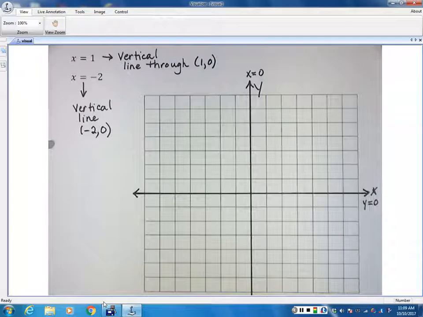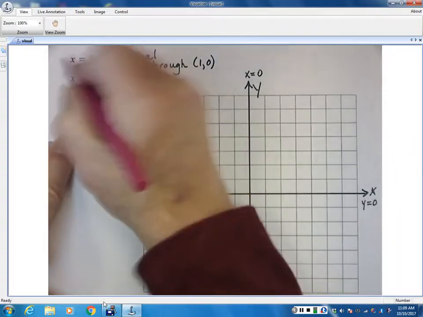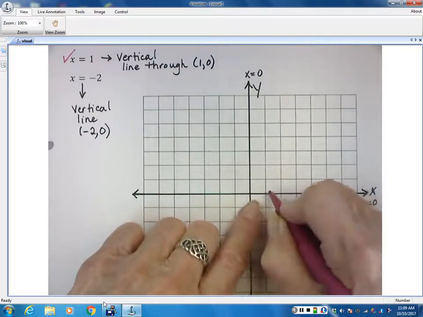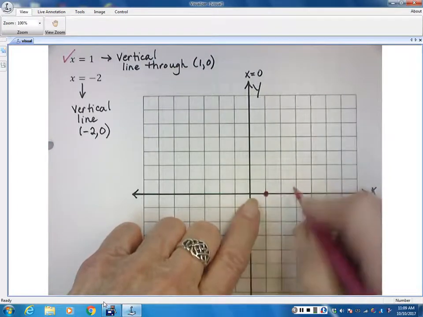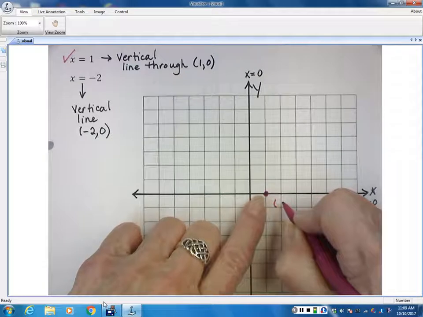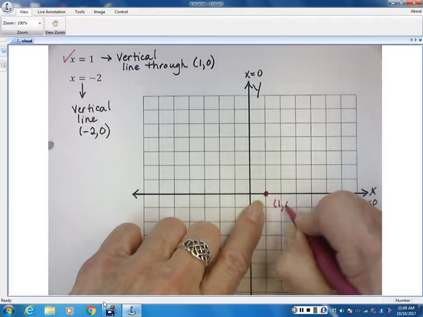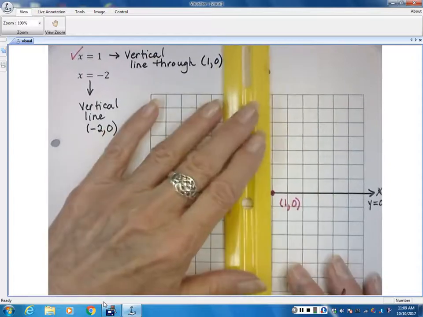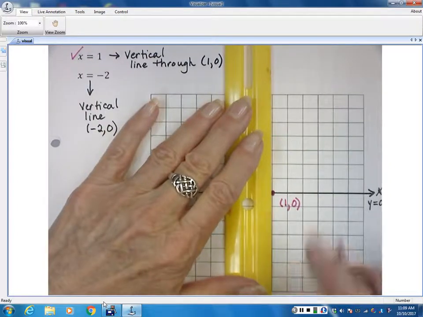So then I need to graph these two vertical lines, x equals 1. I know that goes to the point 1, 0. I'm sorry, I said that backwards. It's 1, 0. So I'll draw the line straight up and down.